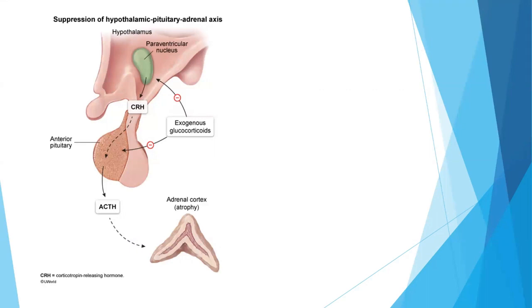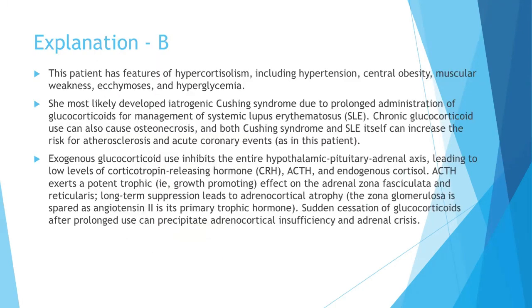And if the ACTH is not released, then the adrenal cortex will not produce the hormones. So if we prescribe prolonged exogenous glucocorticoids, then there will be a prolonged decrease in ACTH secretion. If there is a prolonged decrease in ACTH secretion, then obviously the adrenal cortex, due to disuse atrophy, will undergo atrophy. So the answer is B.